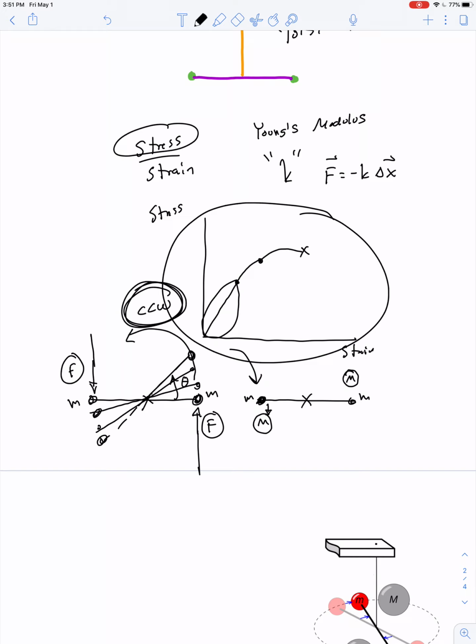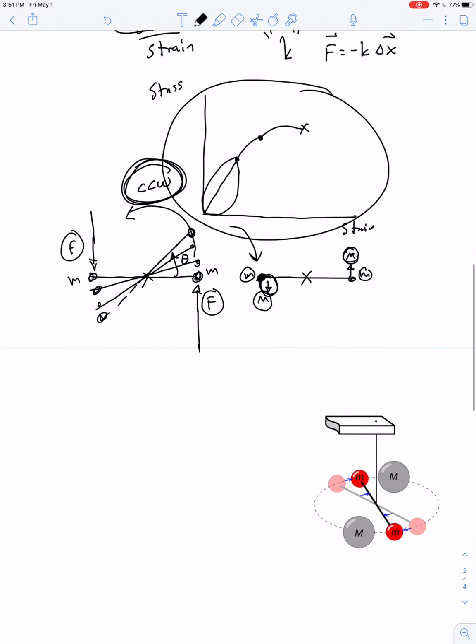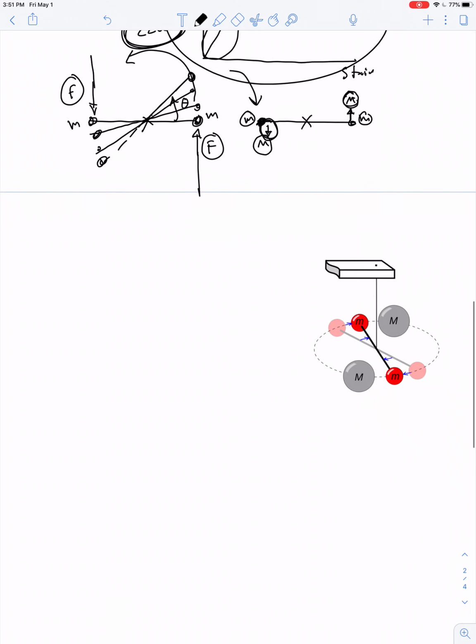There'd be a small force right here that pulls little m toward big M. There'd be another small force right here that also attracts this little m toward this big M, and the rod would rotate in a counterclockwise direction.